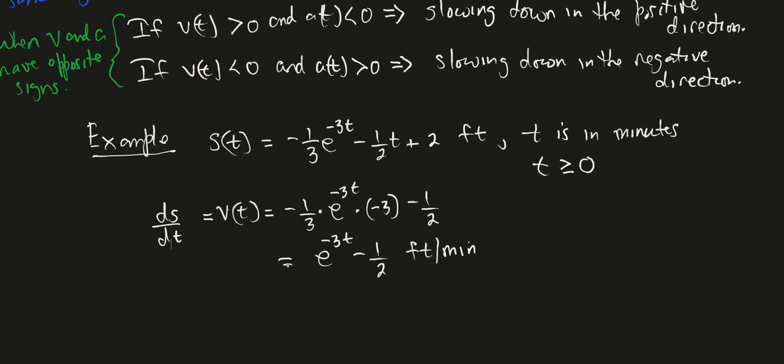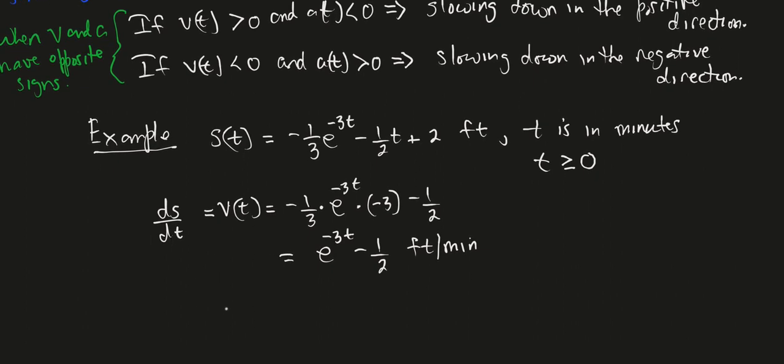Let's go ahead and find the acceleration function. So a of t, which again, if we were to write it like this, would be the second derivative. Well, we can write it two ways. It is the first derivative of velocity, right? It's the instantaneous rate of change of velocity.